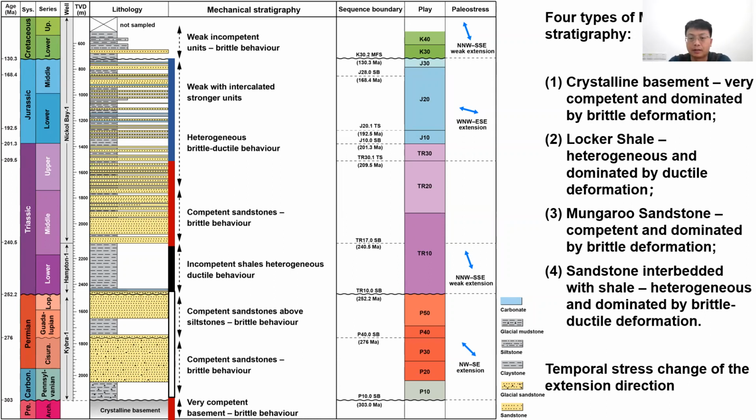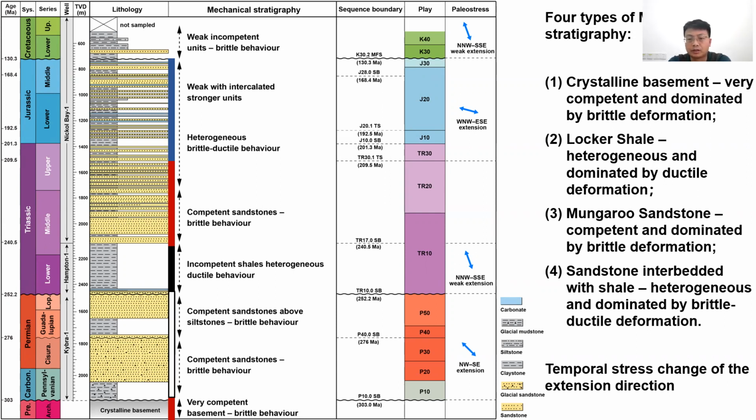This is overlain by the Mangalore sandstone. It has competent properties and is dominated by brittle deformation. Overlying the Mangalore sandstone is sandstone interbedded with shales, so it has heterogeneous properties and is dominated by brittle-ductile deformation.